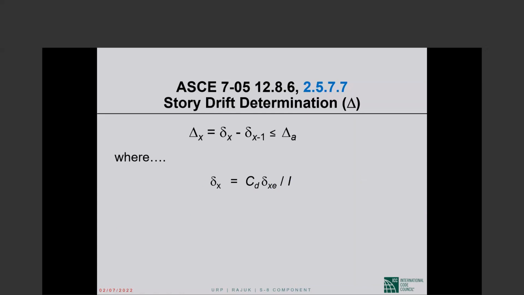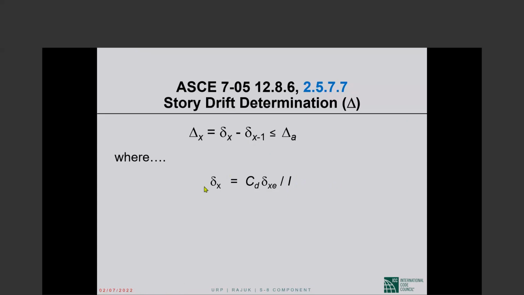And we should not penalize a hospital twice, once by instituting a tighter drift limit, and the second time by using an I factor of 1, and thereby increasing the forces under which we are calculating the drifts. So we take I out of the picture. Delta sub x is C sub D times delta sub xe divided by I.